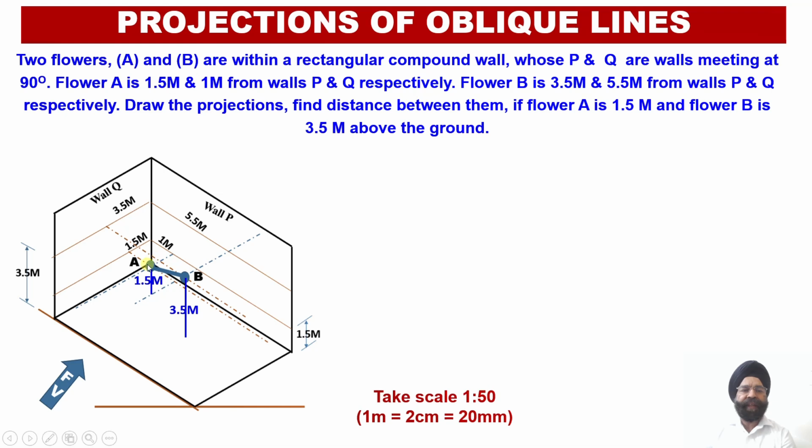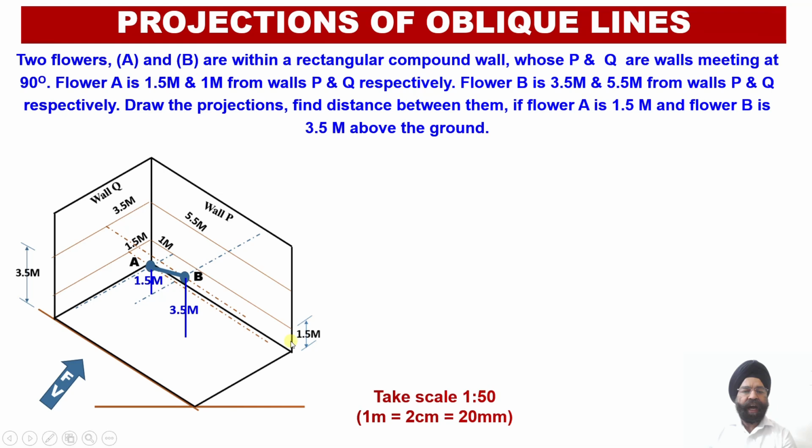Now we have been provided with the coordinate locations of these two objects or the flowers. The coordinate location of flower A is 1.5 meters above the ground.